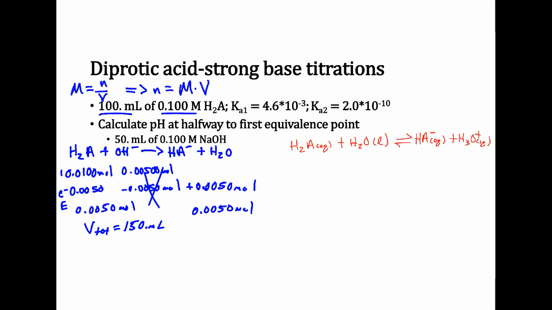Whenever we plug in, we have to calculate the concentrations, which we get from these moles divided by this volume in liters. That comes out to be 0.033 molar. The change will be minus x, plus x, plus x.